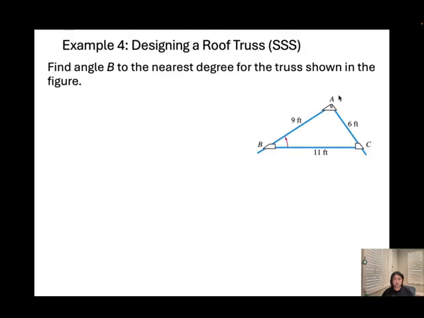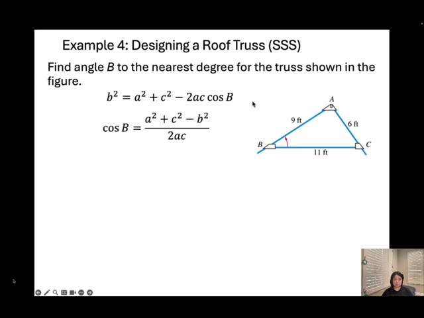And then example 4. Find the angle B to the nearest degree for the trapezoid in the figure. Okay, this is what we want to find, and then we know this is a S. So same idea. Solve for cosine B. Plug it in and use your calculator to see what you get.